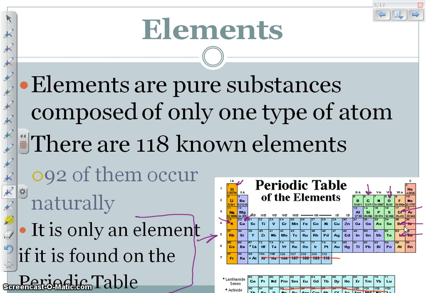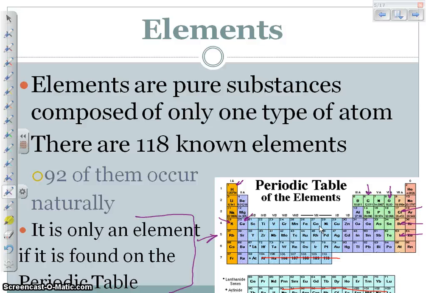If it's not on this table, it is not an element, and that should be your first task if you ever have a question on a test or a quiz or on a handout that says, is it an element? Look through the periodic table, because you're not going to find carbon dioxide anywhere on this table. You're not going to find salt anywhere on this table. Those are made up when you take multiple elements and put them together.